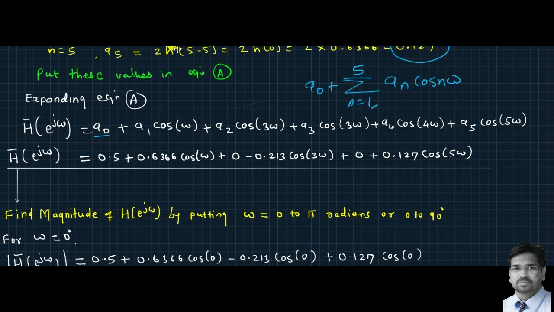If you put n equal to 1, it becomes a1 cos of 1 omega. If you substitute n equal to 2, it becomes a2 cos of 2 omega. For n equal to 3, a3 cos of 3 omega. In between there is a plus sign because it is a summation. N equal to 4, a4 cos of 4 omega. N equal to 5, a5 cos of 5 omega.